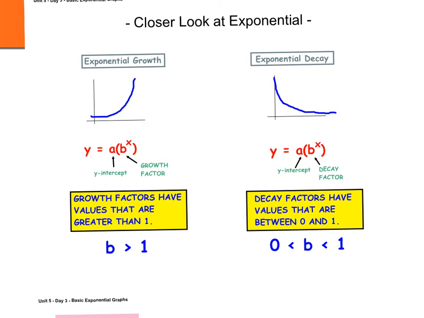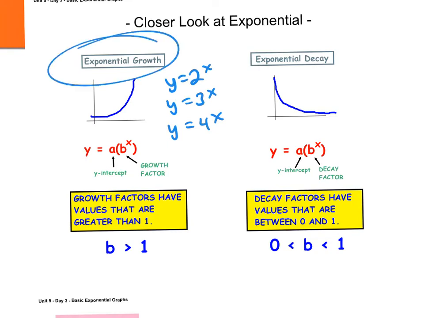We had this slide yesterday, so we've got exponential growth and exponential decay. The big stuff I need you to know: growth factor bigger than 1, so y equals 2 to the x, y equals 3 to the x. Anything bigger than 1 will give you a graph that looks like exponential growth.